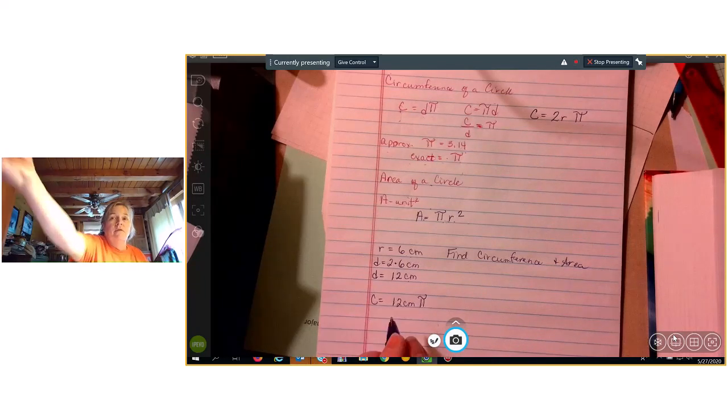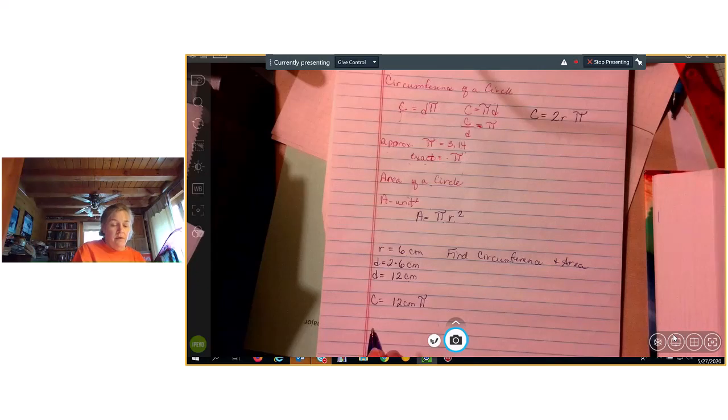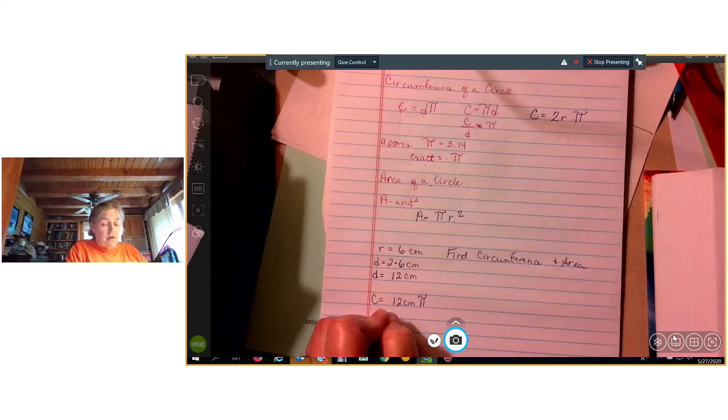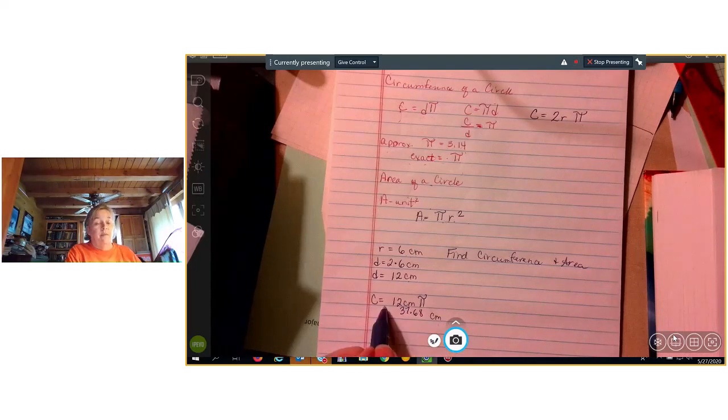If it's not an exact answer, let me get down my calculator. And all I'm doing is 12 times 3.14. So my approximate answer is going to be 37.68 centimeters. My exact answer is going to be 12 centimeters pi, or 12 pi centimeters.